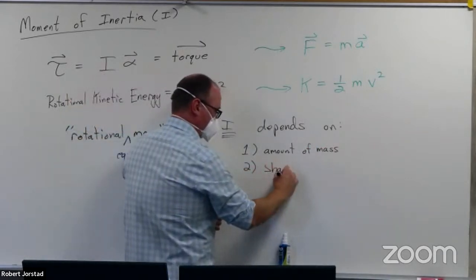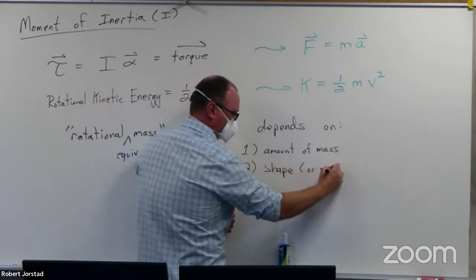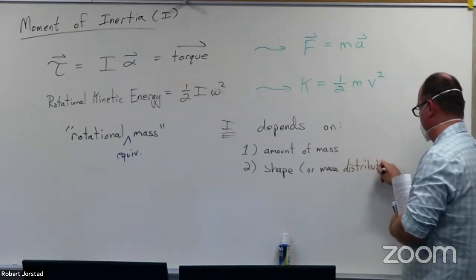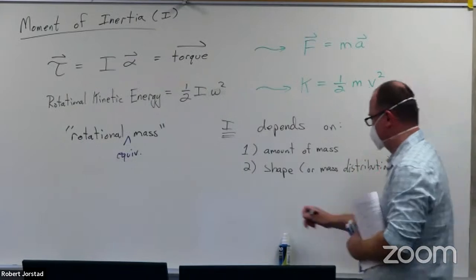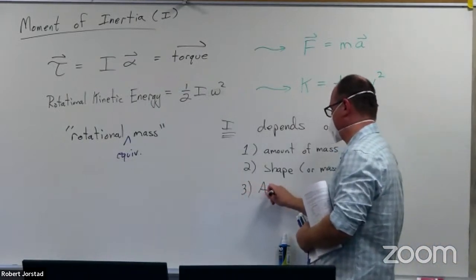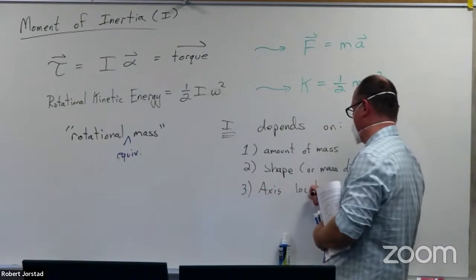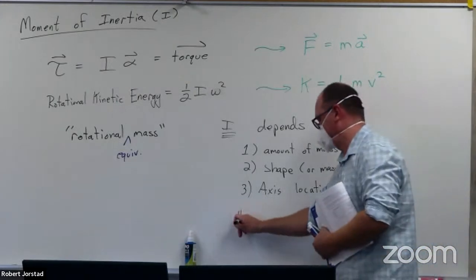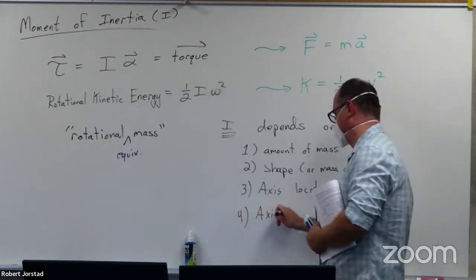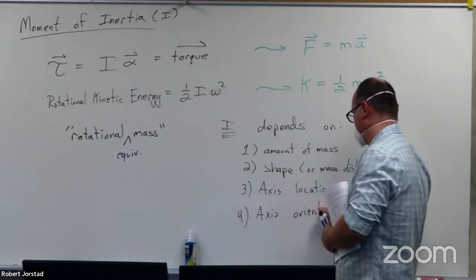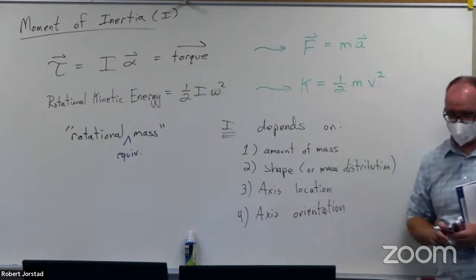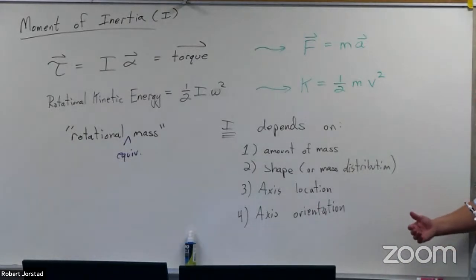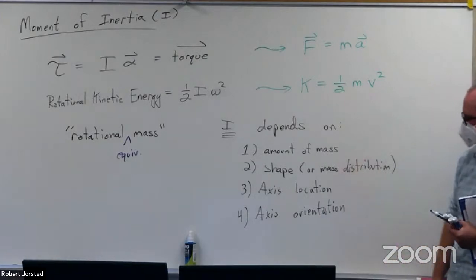The shape, or mass distribution, the axis location, axis being where you plan to rotate the object, and axis orientation. Basically, it depends on which way the axis is pointing, where the axis is located relative to the object, how the mass is spread out, etc., and the amount of mass.